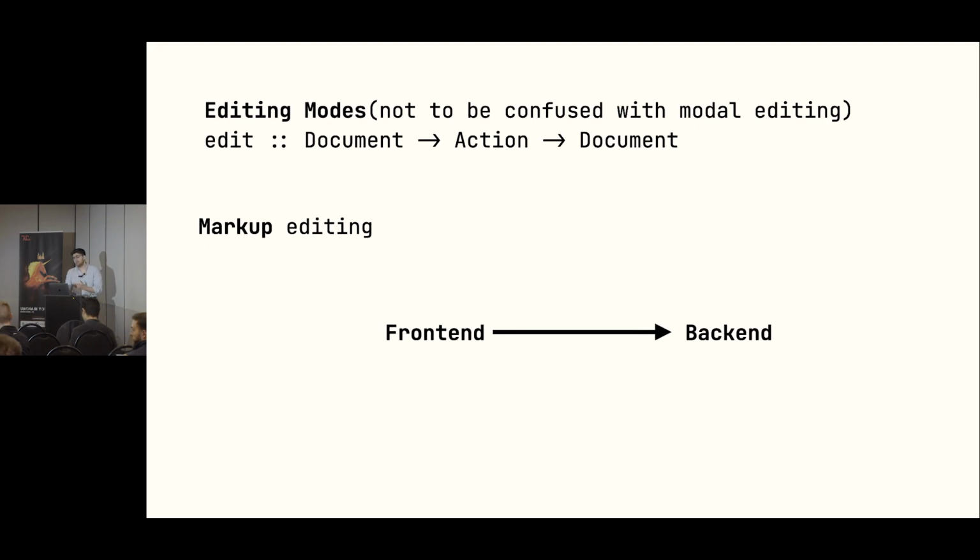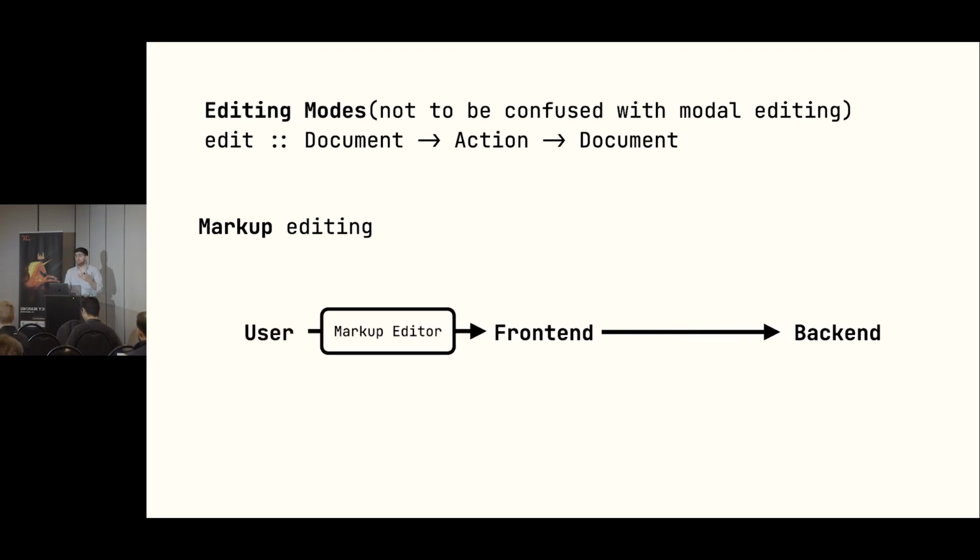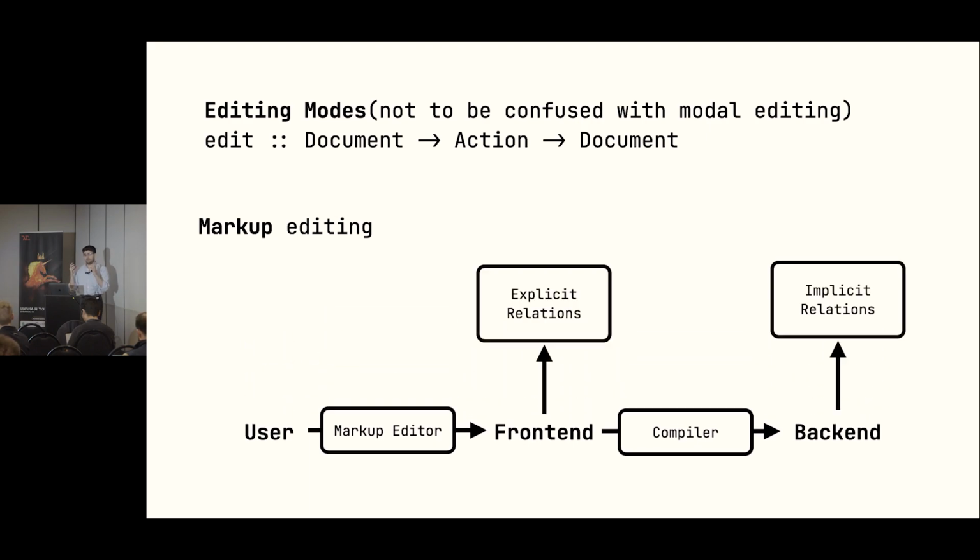And what happens is the user uses a markup editor to edit the front end, to edit the markup language itself, and a compiler takes that markup and turns it into a document in our conventional sense. And there's a big difference in the front end and the back end, which is, at the beginning I said the visual structure conveys relations within the document, right?